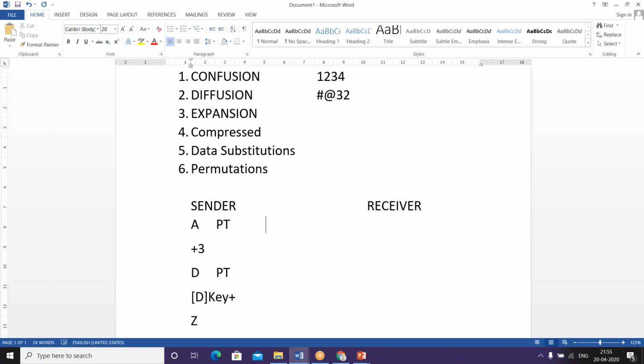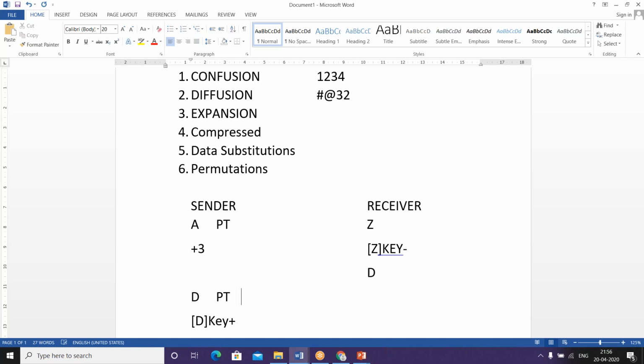First of all, he will get Z. Now he wants to decrypt it, so he needs a key. That key would already have been shared, sent from sender to receiver. So now with Z, key minus means I'm going to decrypt it. Whenever I decrypt, I'm going to get D.